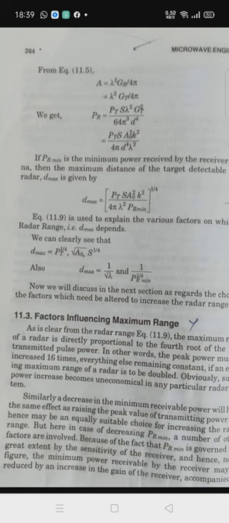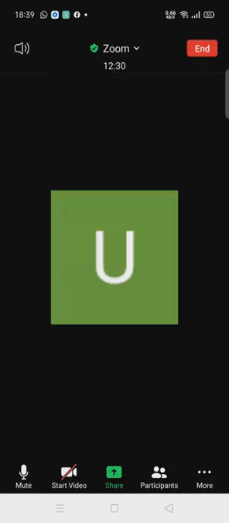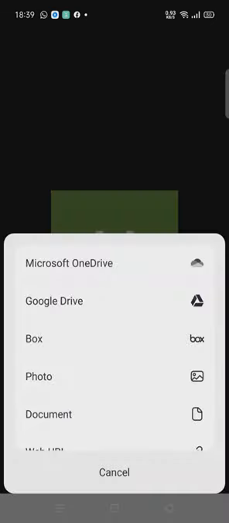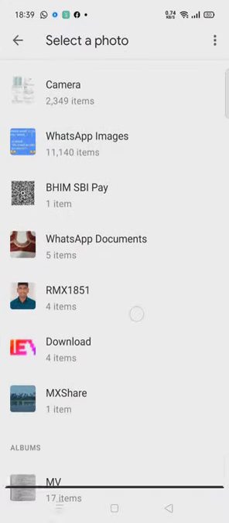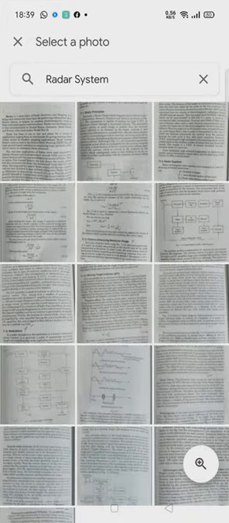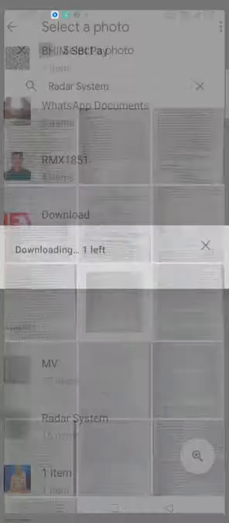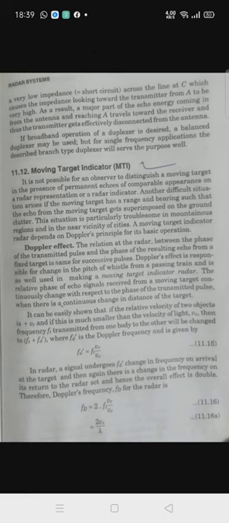So next will be the moving target indicator. Now we can see what is the meaning of moving target indicator.